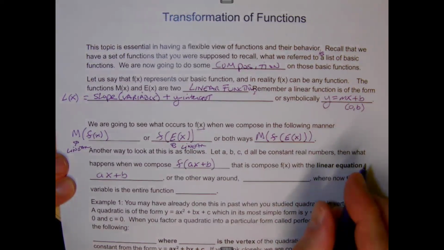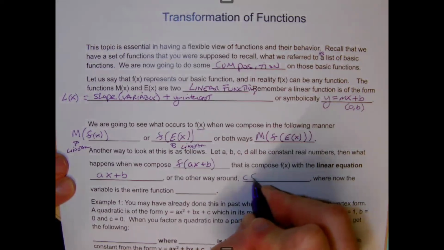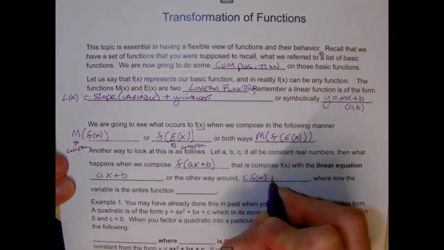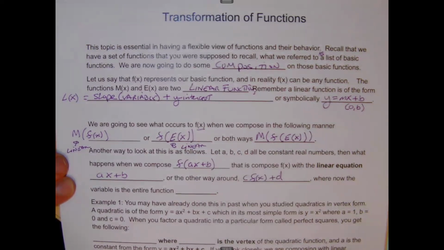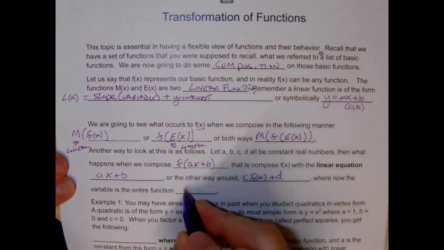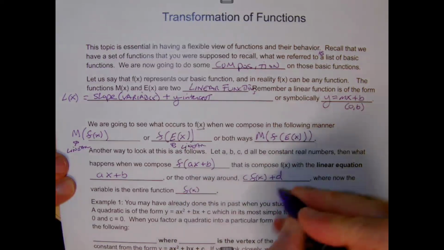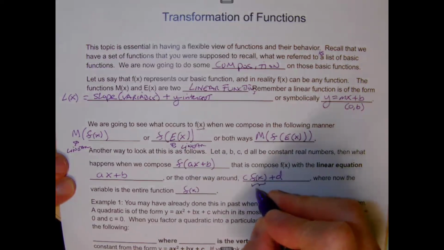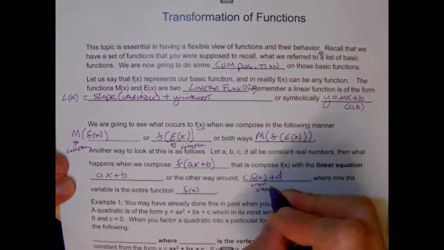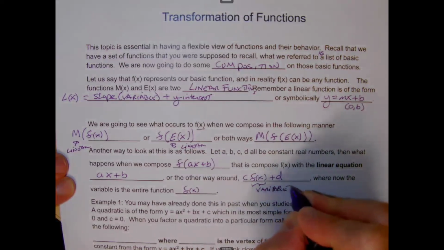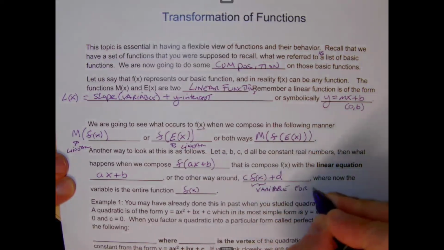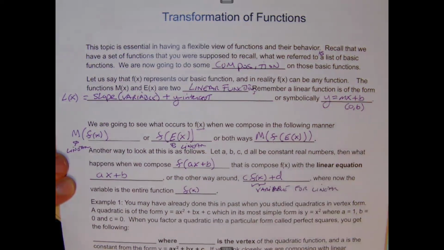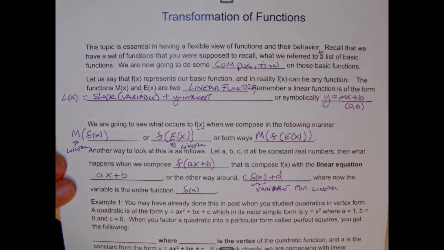Or the other way around, we can have this, where now the variable is the entire function f of x. So now this represents your variable for the linear. So that is essentially what we're doing.